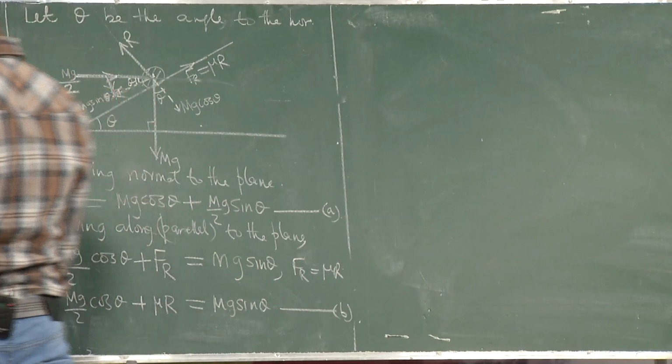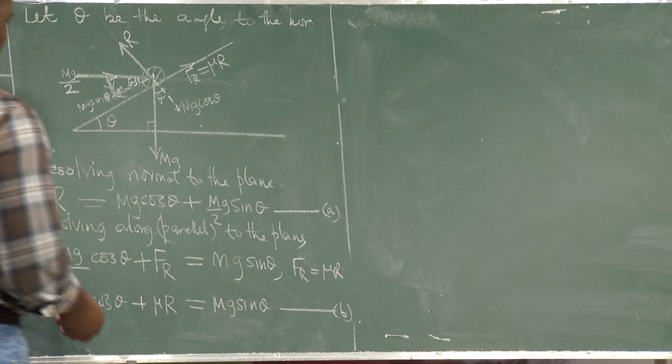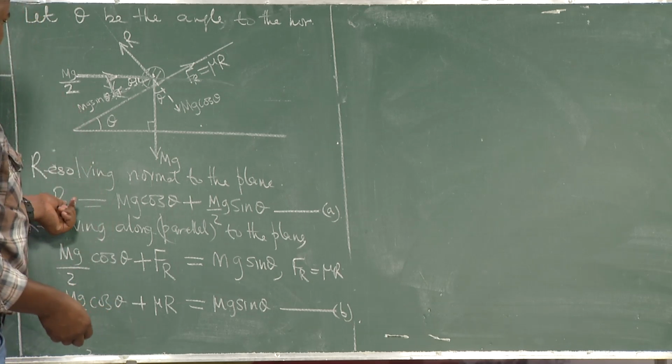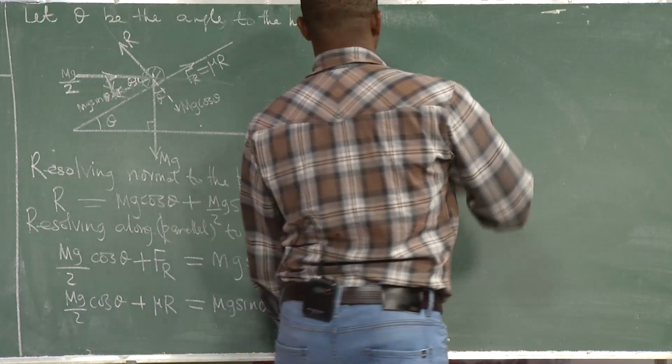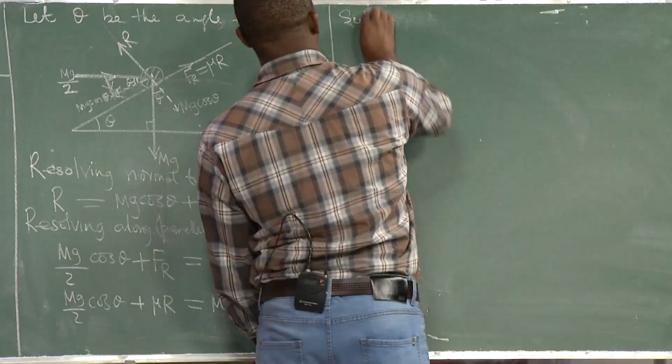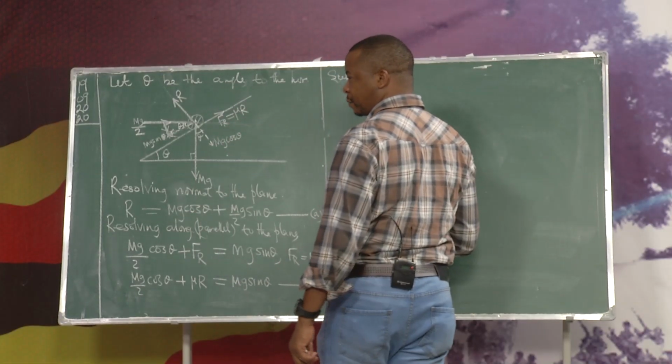Since our interest is to find theta, we are going to make a substitution of R into equation B. It's exactly the same as the previous number, only that now we are trying to derive an expression.